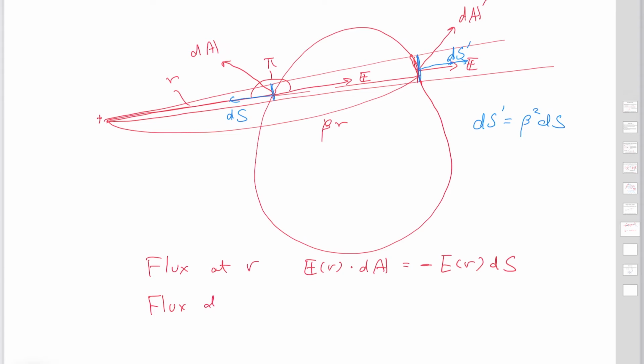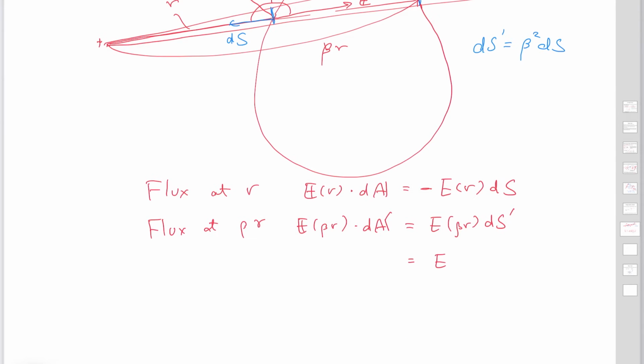The flux at beta r, E(beta r) dot dA prime, becomes E(beta r) dS prime. It becomes E(r) dS. So if you sum up these two contributions, it becomes 0.